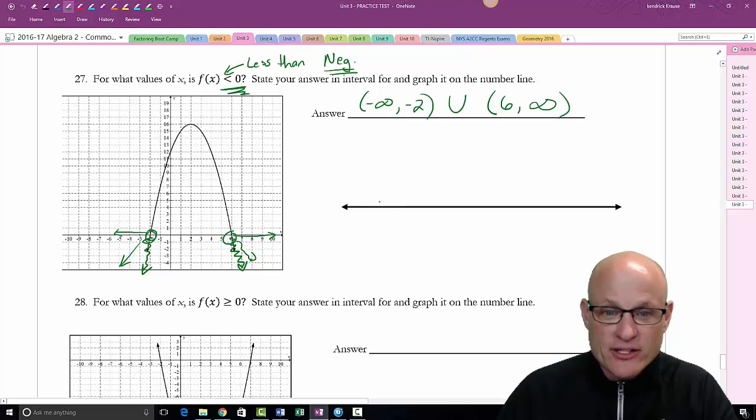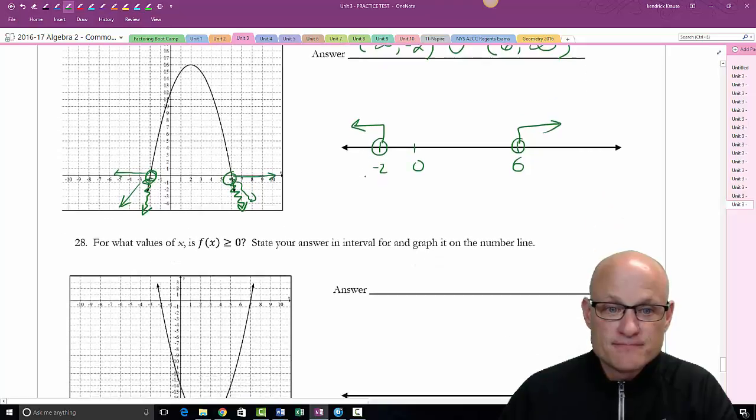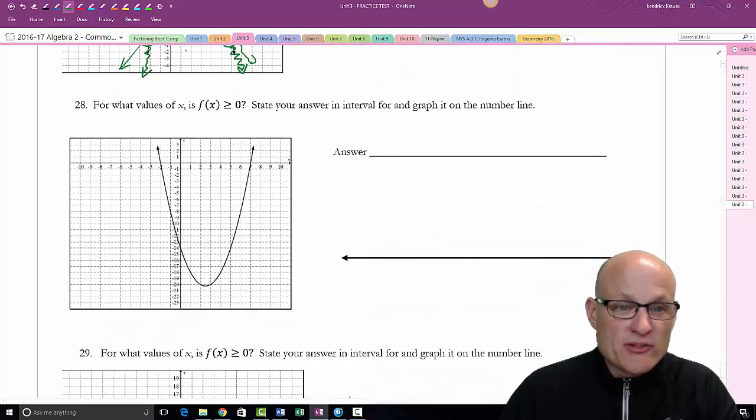And then obviously this is pretty easy. Negative 2, 0, 6, open circle going to the right, open circle going to the left. This one says, when is it greater than or equal to 0? That means positive or above the x-axis.